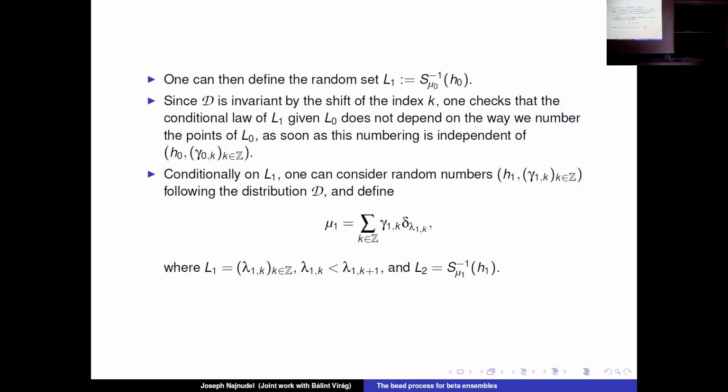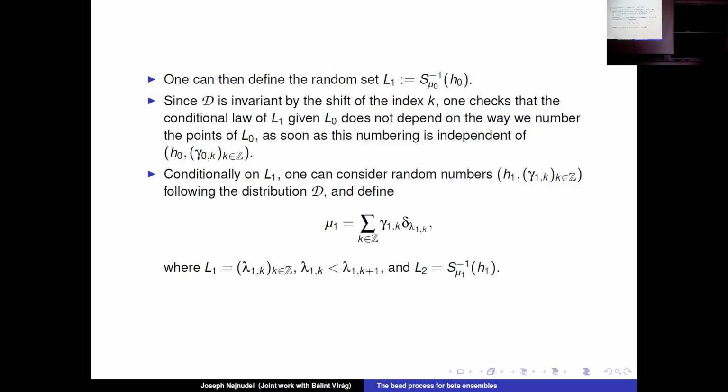So we have a point process, a random set of points, and then we move to another random set of points, and then we move to another random set of points. And then when we iterate, we do it like a Markov chain.